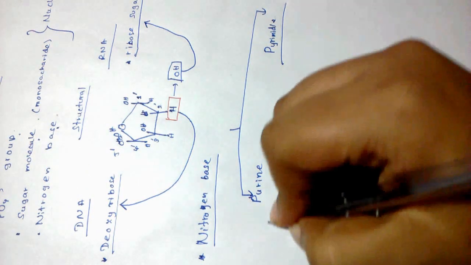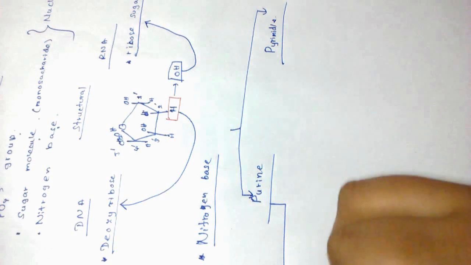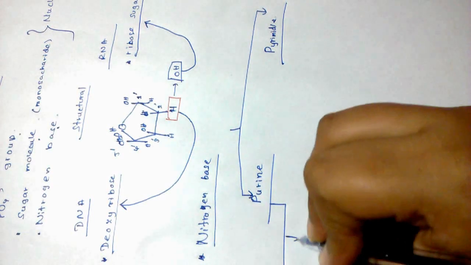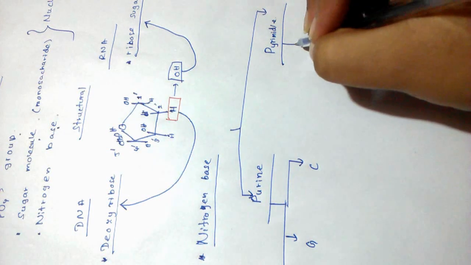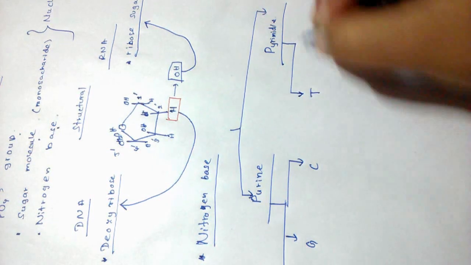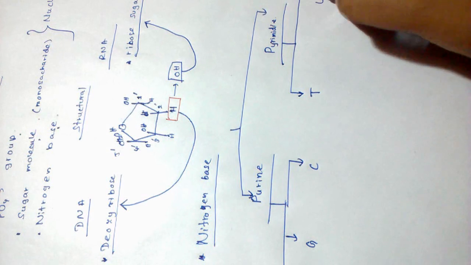Purine and pyrimidine bases. The purines are adenine and guanine, and the pyrimidine bases are cytosine, thymine and uracil.